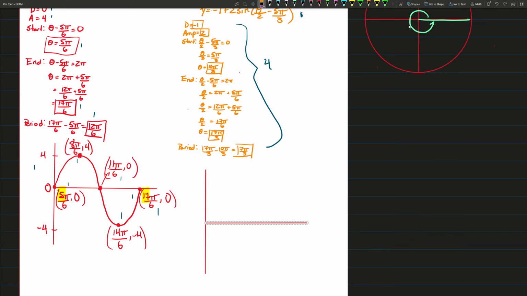All right, so if we redo this, I'll just redo it. So we have theta over 2 is equal to 2 pi plus 5 pi over 6, which is 12 pi over 6.